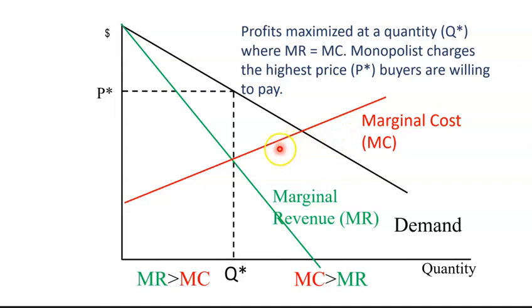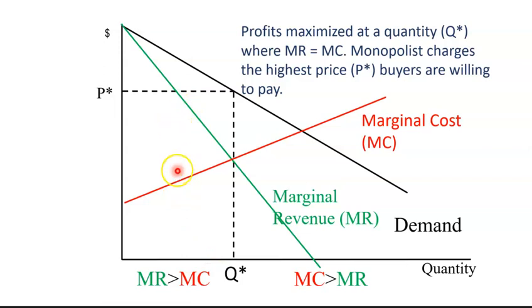All right, so what we need to do is compare marginal revenue with marginal cost to figure out where we should produce and what price we should charge. Let's see how we should be thinking about that. At any rate of output to the left of what I've labeled as Q star, marginal revenue is greater than marginal cost.